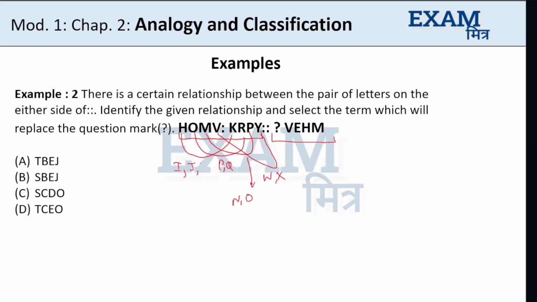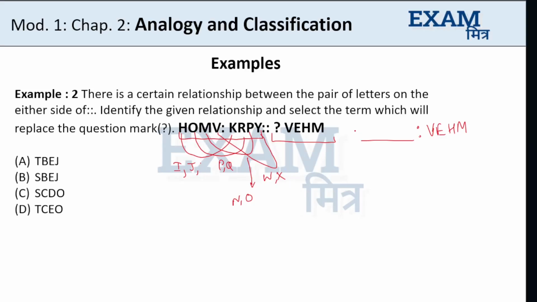So can we establish the same relationship with this? That means this is to VEHM. So see, this V is two letters after the first one. What comes, or you can say, what comes before two letters of V?